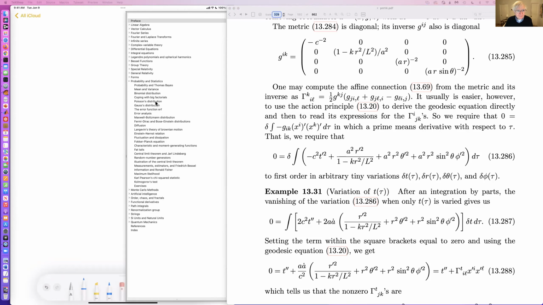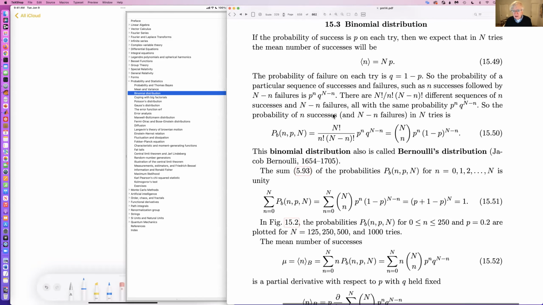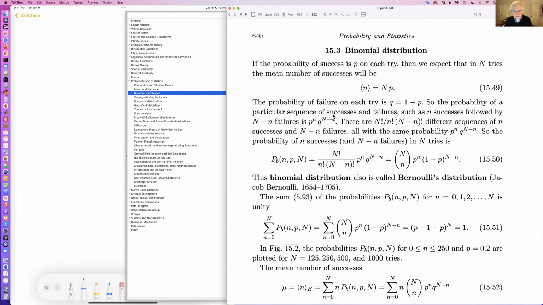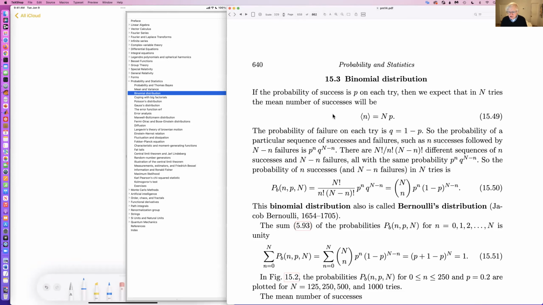And basically, the basic distribution is, I want to call it the Bernoulli distribution, which probably is what it should be called. But anyway, it's called the binomial distribution, which is a good name for it anyway. And the binomial distribution is exact.